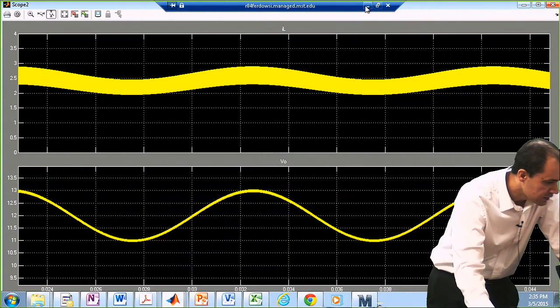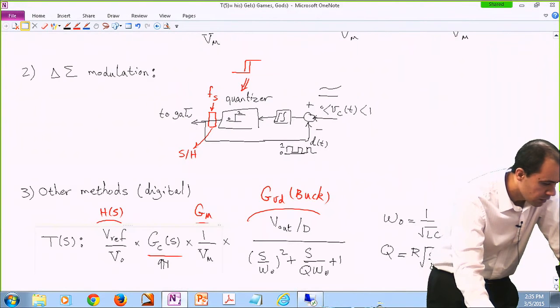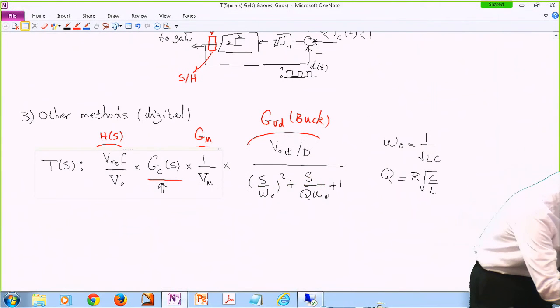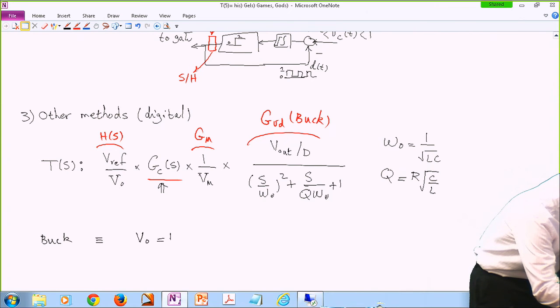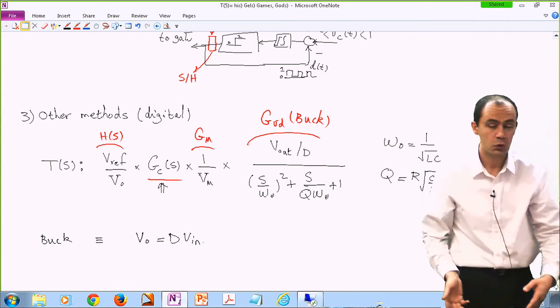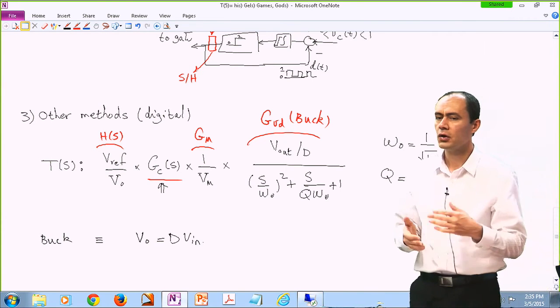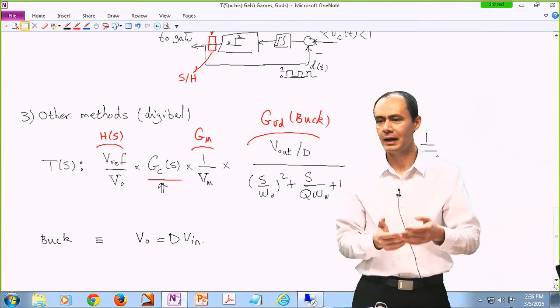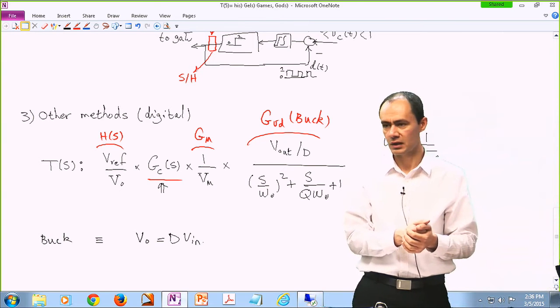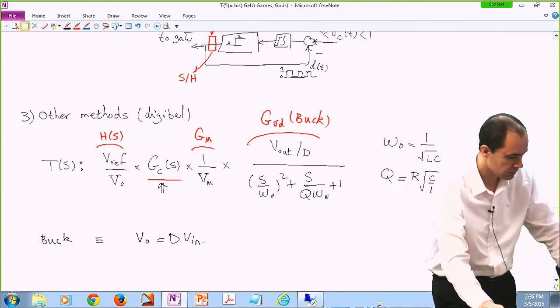This is not very hard to imagine, because in the buck converter we know that Vout is D times Vin. So if I perturb my Vin, it will be multiplied by D and appear as a perturbation in my output voltage. That's very, very simple to imagine.